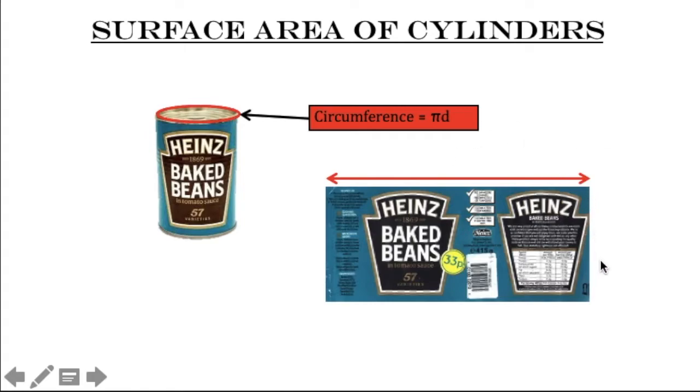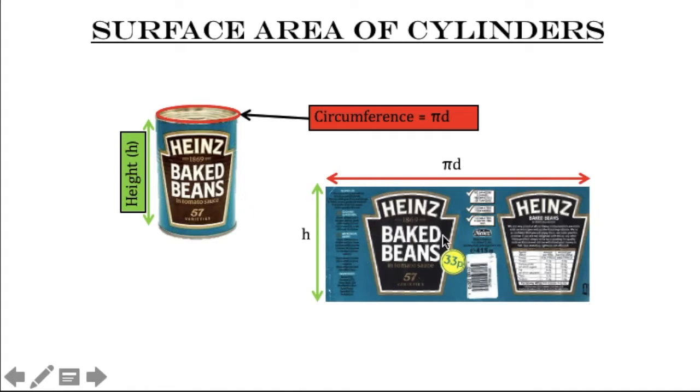to get the height, because we know to calculate the area of a rectangle we need the length and the height. The height then would be equal to the distance from the top of the can to the bottom of the can, which is abbreviated h. We are done.